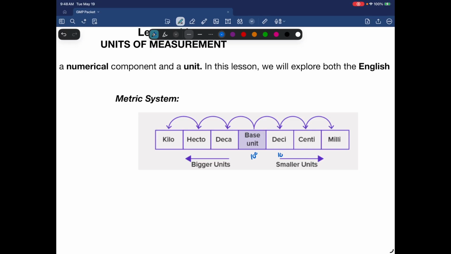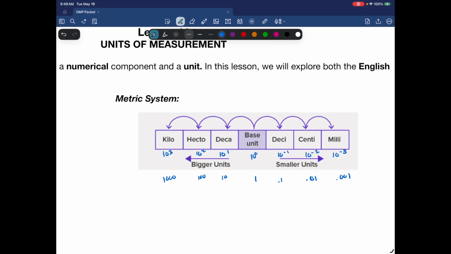This would be 10 to the negative 1, 10 to the negative 2, 10 to the negative 3, 10 to the first, 10 squared, and 10 cubed. If you don't know what those are, that's 1,000, that's 100, that's 10, that's 1, that's 0.1, 0.01, and 0.001.